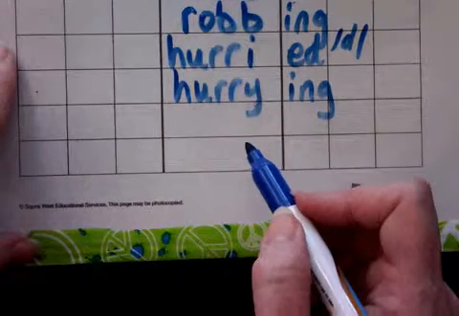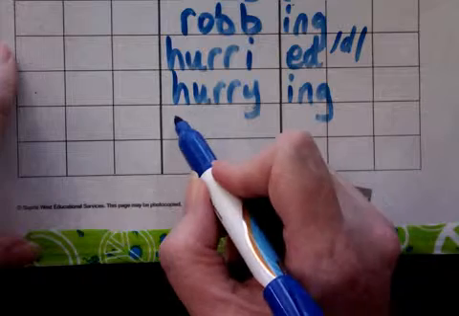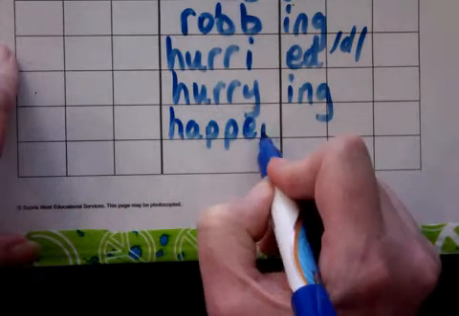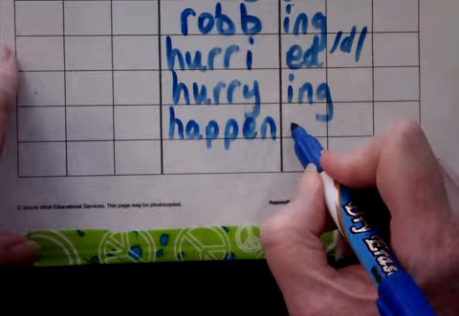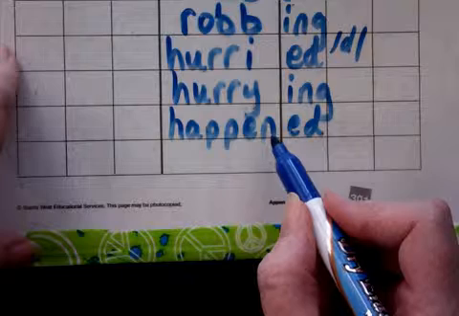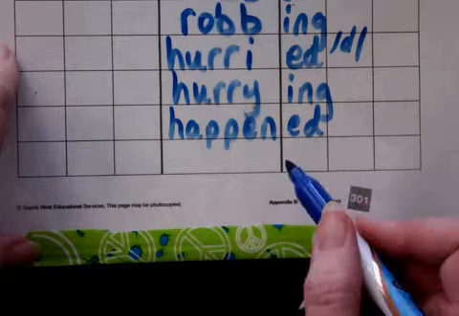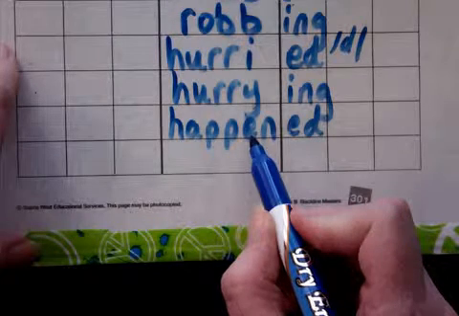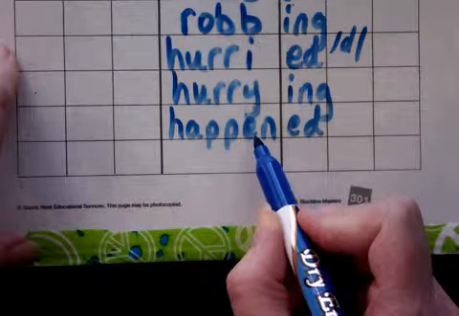All right, the last word is happened. Our base word is happen. And we know we want the past tense ed. There's no Y. We don't need to double it because it's actually two syllables. A and E are two vowel sounds, so it's a two-syllable word.